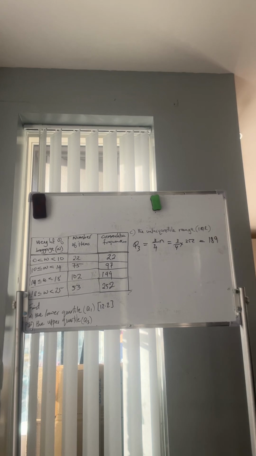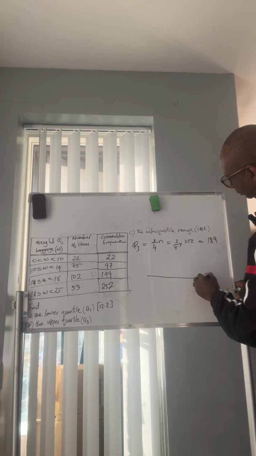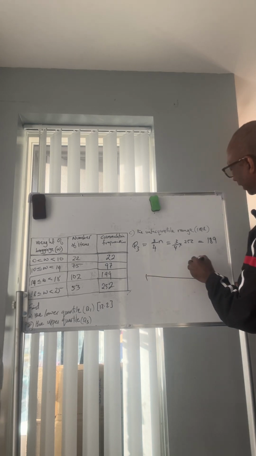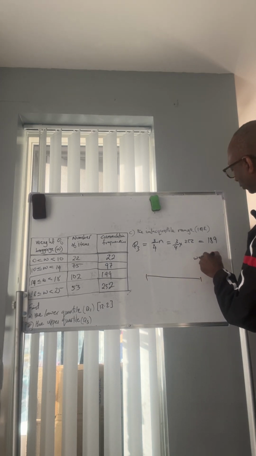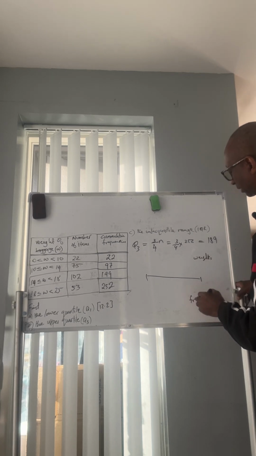So again, we do what we did previously. Draw your line, you put the weights on top, and the cumulative frequencies at the bottom.